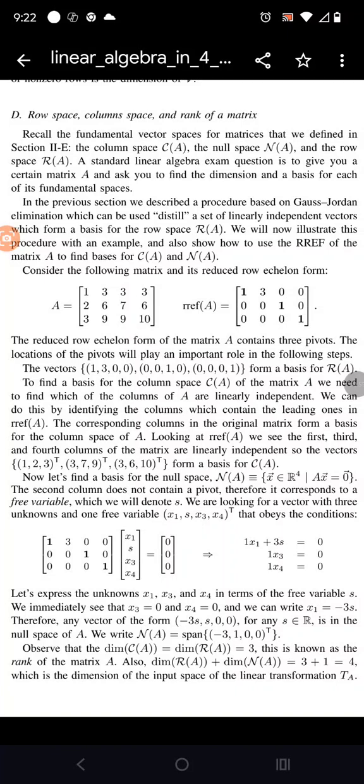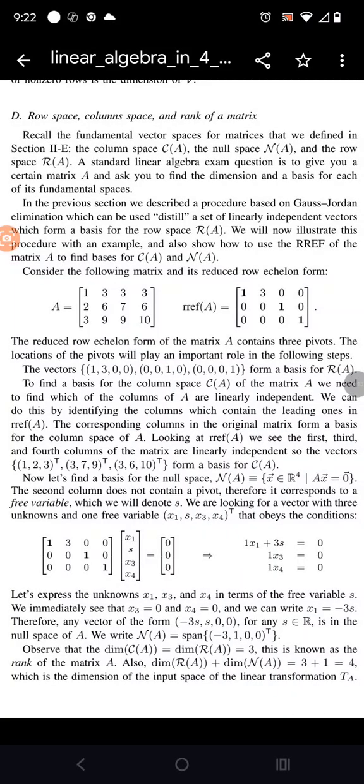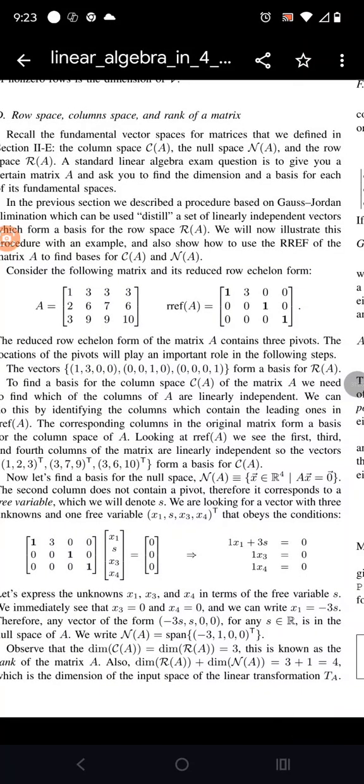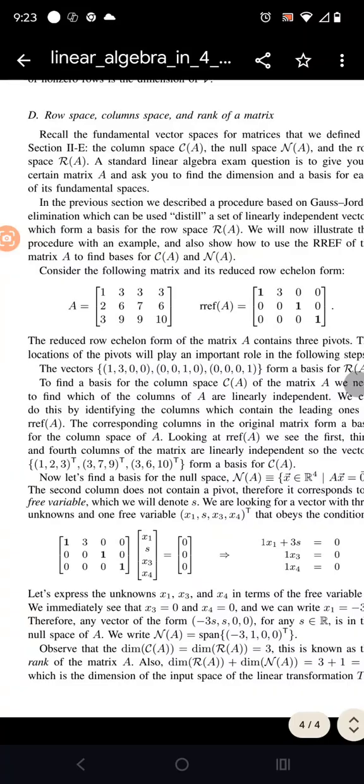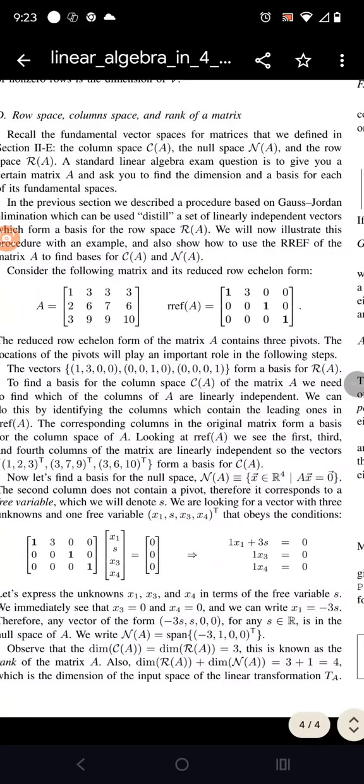So we got x1 plus 3s equals 0, x3 equals 0, x4 equals 0, which gives us x1 equals minus 3s. So any vector of the form (minus 3s, s, 0, 0) for any s in R is in the null space of A. So we write the null space of A as the span of (minus 3, 1, 0, 0) transpose.